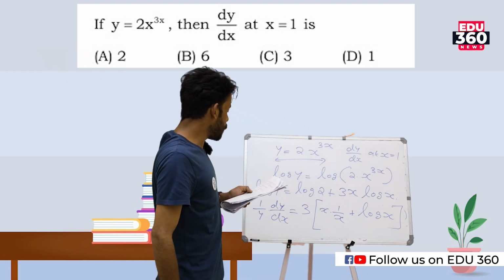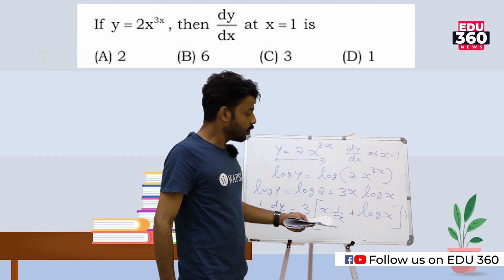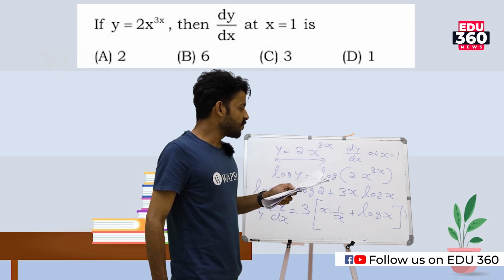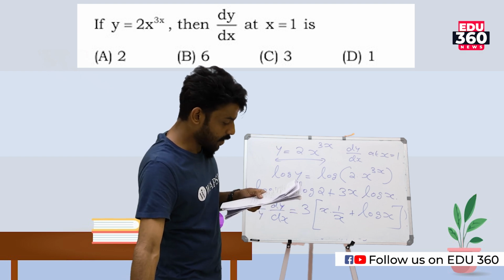So 1 by y into dy by dx is equal to 3 into (x into 1 by x plus log x), that is 3 into (1 plus log x).